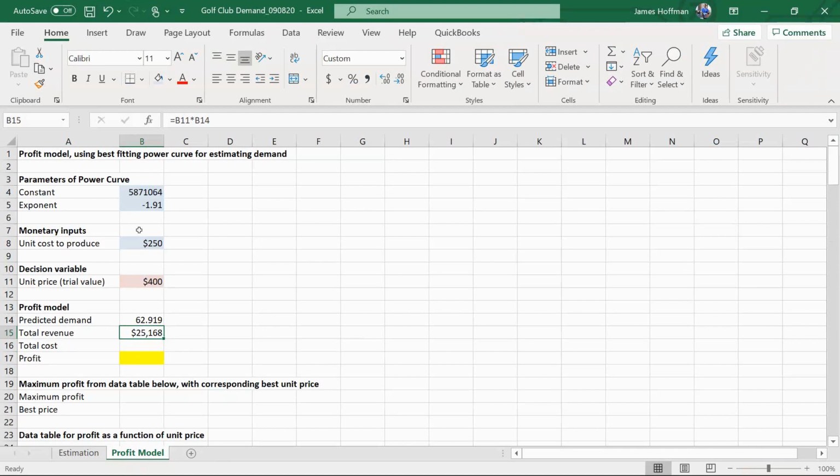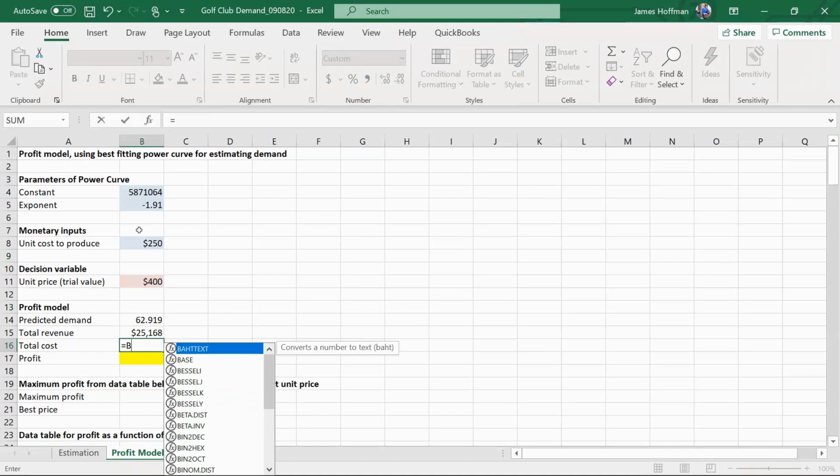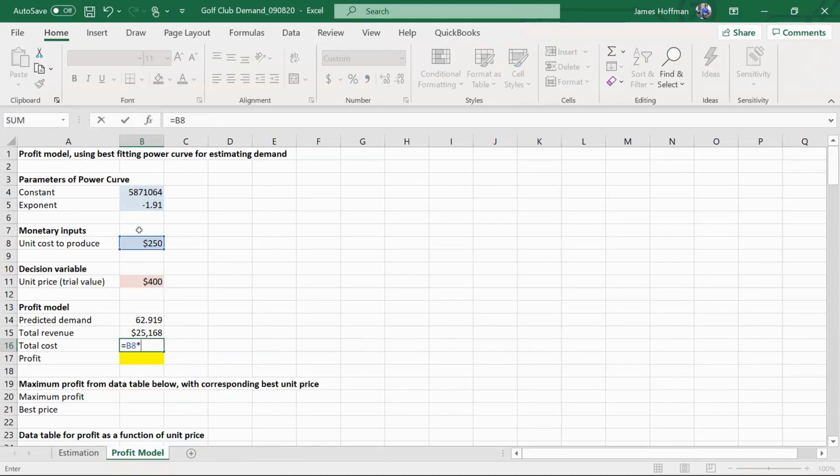You get a little more than 25,000. Then total cost, next formula, in B16: equals B8 times B14. If it costs $2.50 per set of clubs to produce, our cost is how many we produce times the cost to produce.